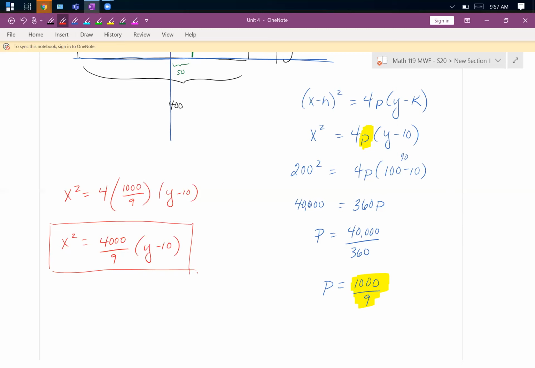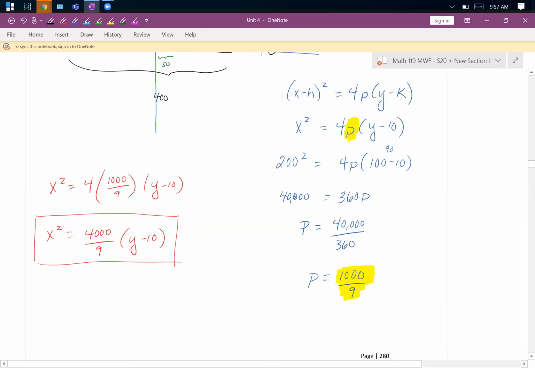So the question is, what is the height of the cable at a point 50 feet from the center? So they're asking us to find the height, which is a y value, when we're 50 feet from the center. So the 50 feet is an x value.